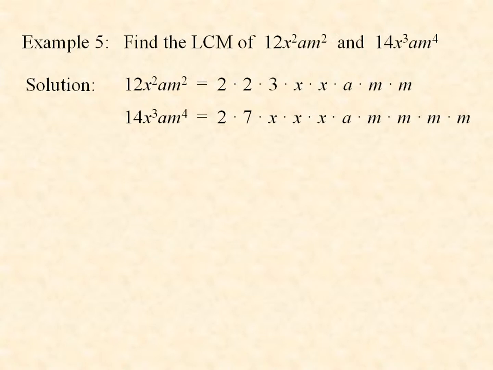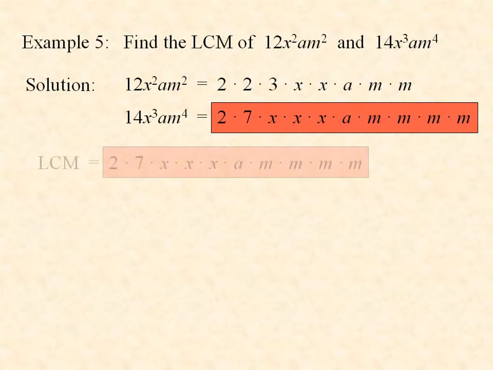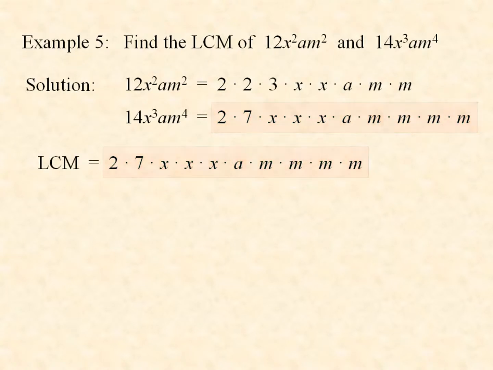The 14x to the third am to the fourth has the greatest number of factors. So we start with that, and then we look at the first term, the 12x squared am squared. What does it have that we don't have so far? Well, it has a 2 and a 3, so we need to multiply by 2 times 3.